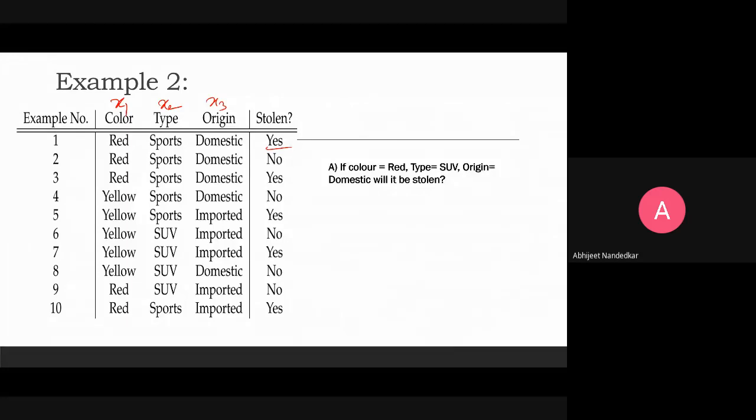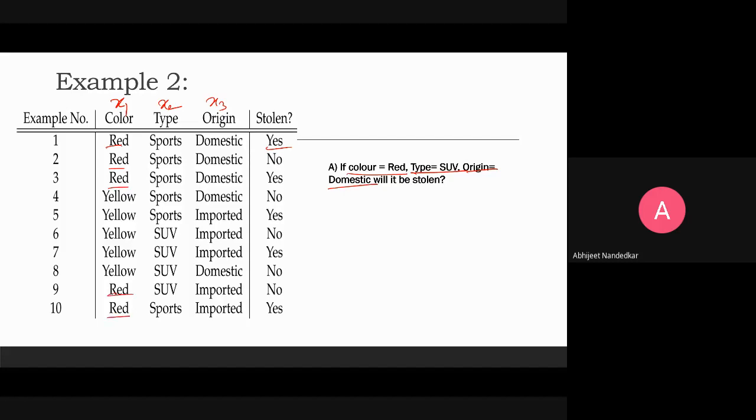Now the question is, if color is red, type is SUV, origin is domestic, will it be stolen? So we can check whether this is there in our data set. Color is red, so this is red.